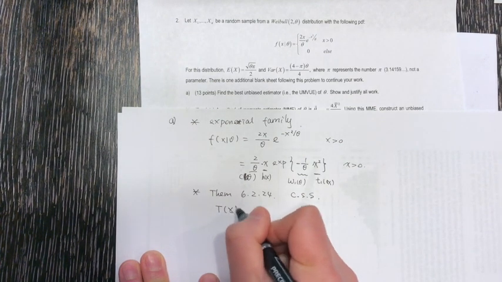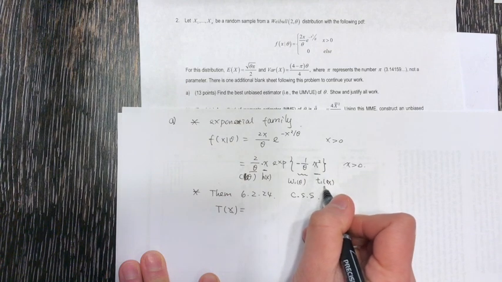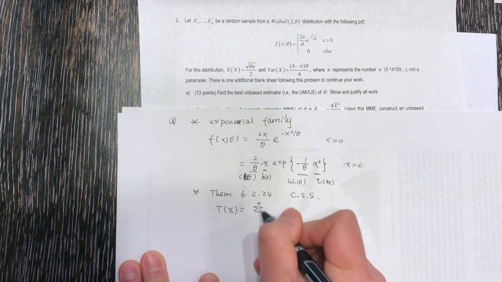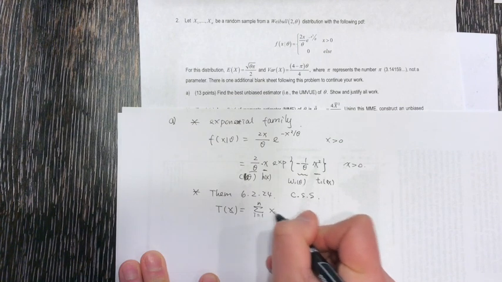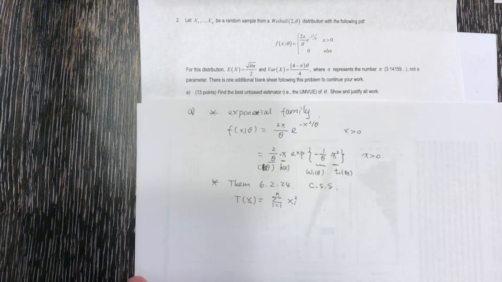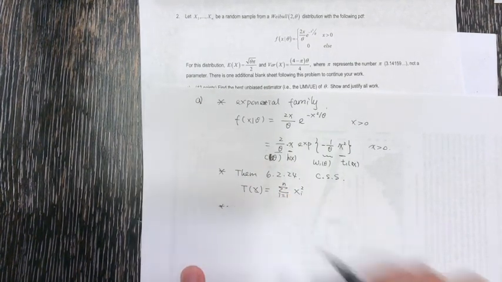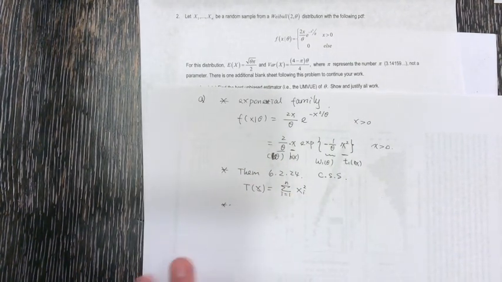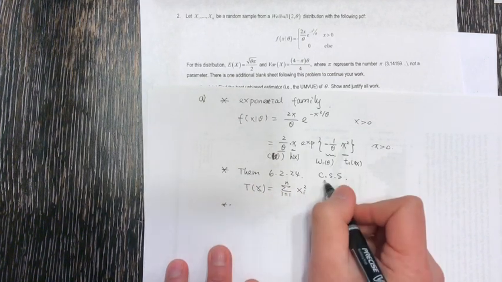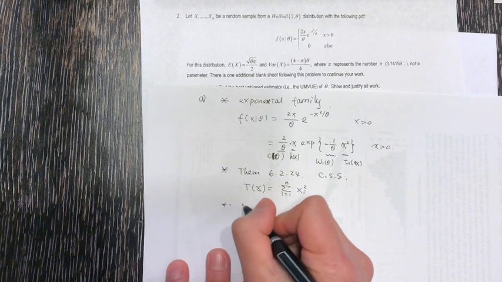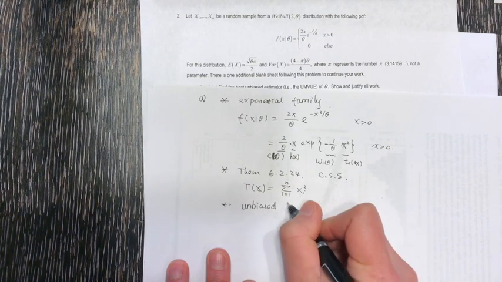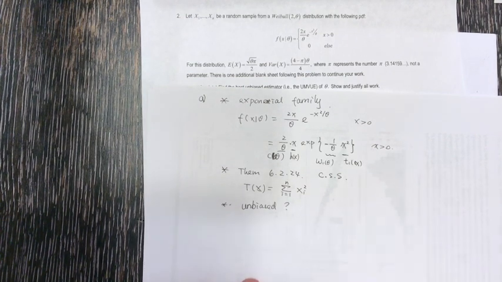That is T(X) from the small t function, which is the sum of xi squared. And the next step, we have to check if this T(X), the complete sufficient statistic, is unbiased. If this one is an unbiased estimator, our problem is solved.